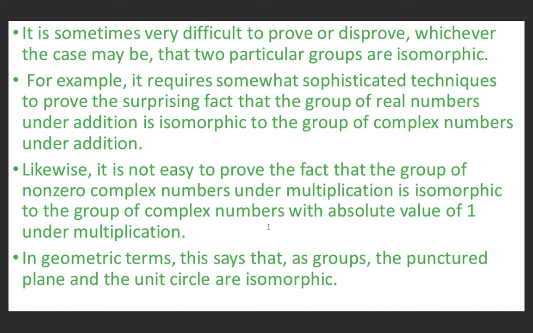Similarly, it is not easy to prove that the group of non-zero complex numbers under multiplication is isomorphic to the group of complex numbers with absolute value 1 under multiplication. In geometric terms, this says that as groups, the punctured plane and the unit circle are isomorphic.